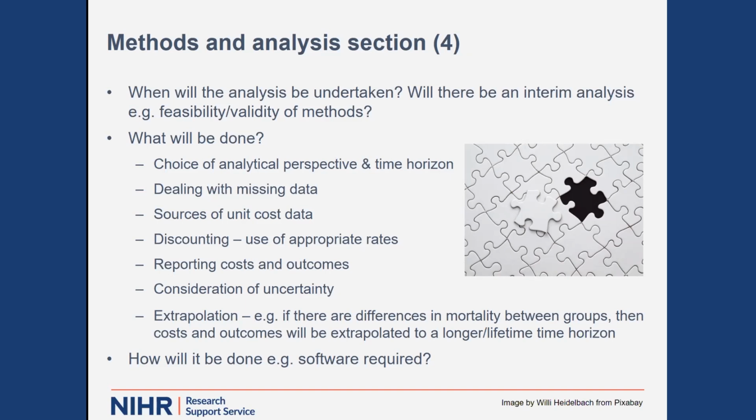And particularly if there's a difference in mortality between the groups, then we may want to think about a longer time horizon than our clinical trial. So we may want to do some extrapolation beyond the end of the trial to a longer or lifetime time horizon. And it's also good practice to specify the software that we're going to use.